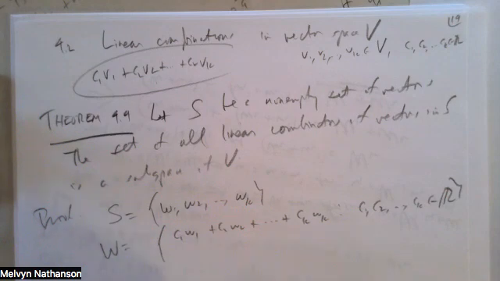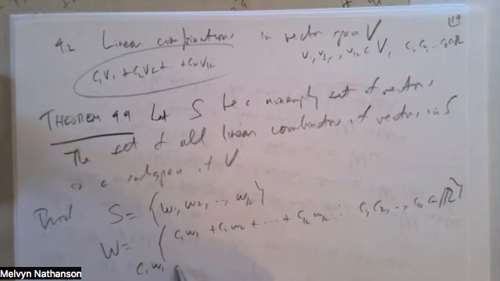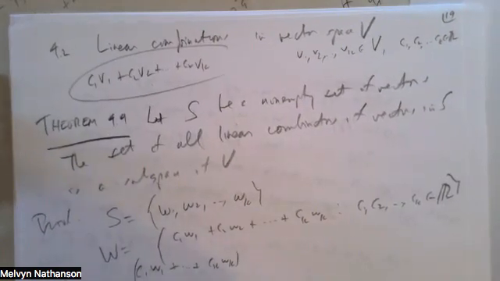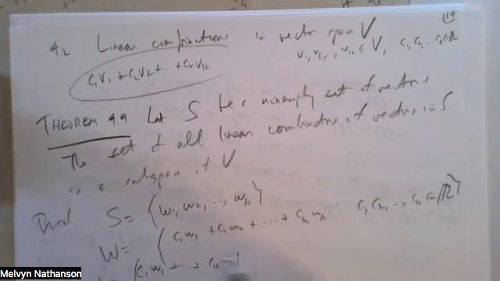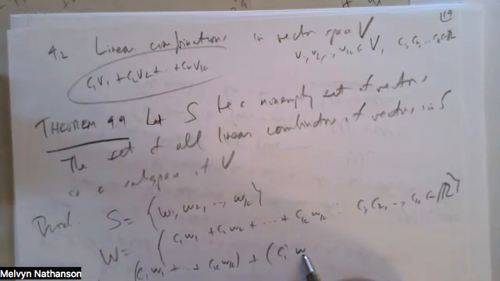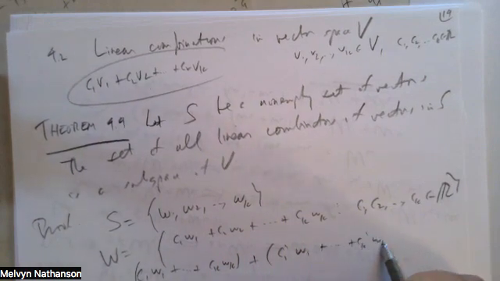So suppose we let w be a vector that looks like this. And we let w prime be another linear combination. Say the scalars have primes on them, c1 prime w1, up to ck prime wk.